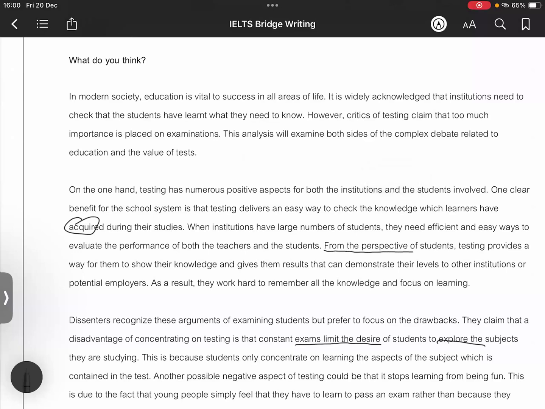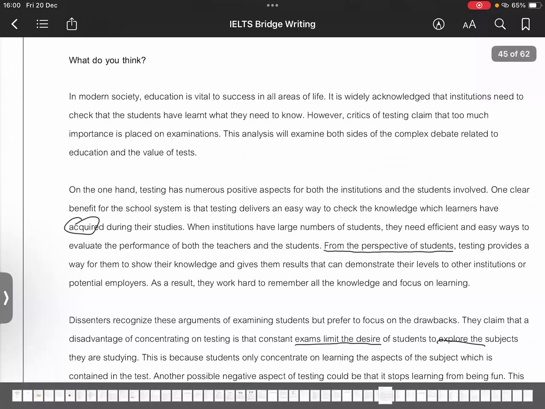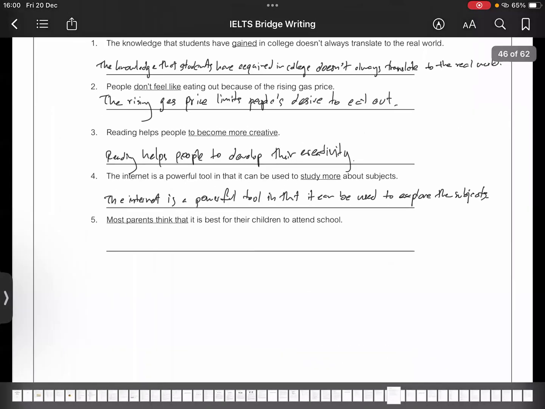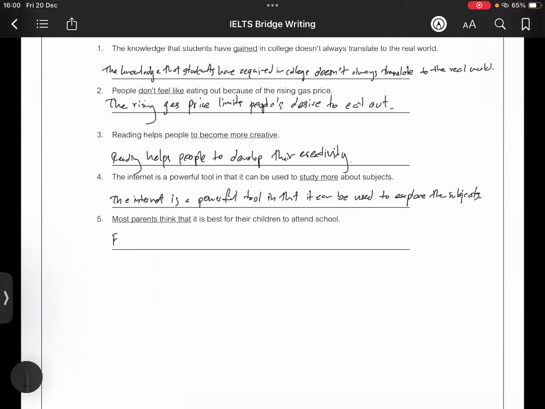From the perspective, that's what we can use. Okay, so we can write it as: from most parents' perspective, it is best for their children to attend school. That's it.